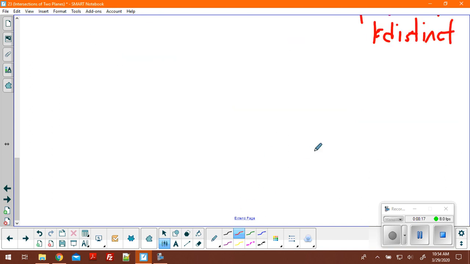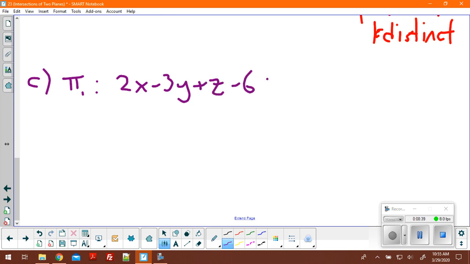All right, so third case. So again, my first plane, this is C. Okay, again, I had my first plane is 2x minus 3y plus z minus 6 equals 0.